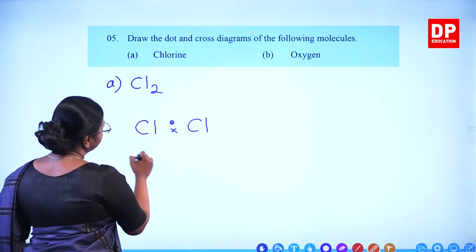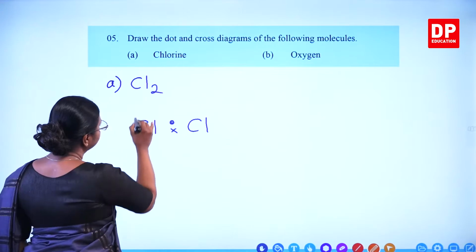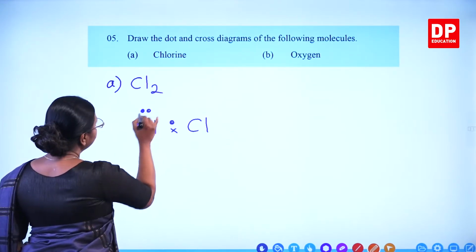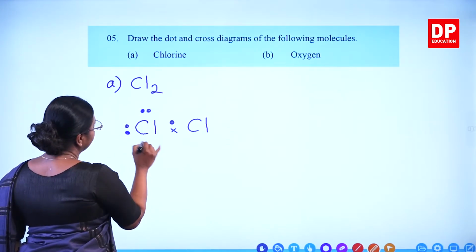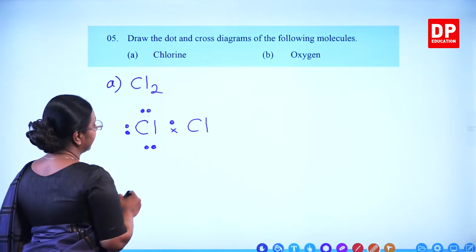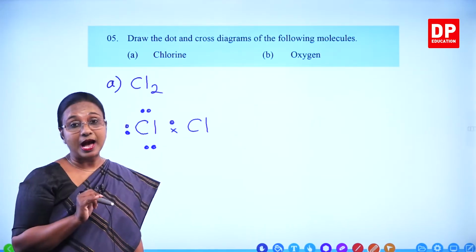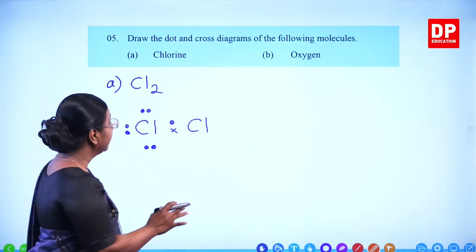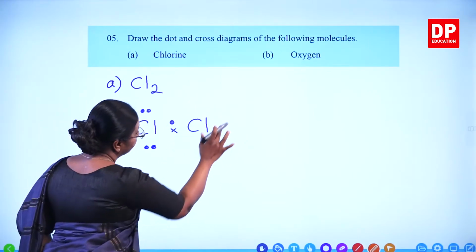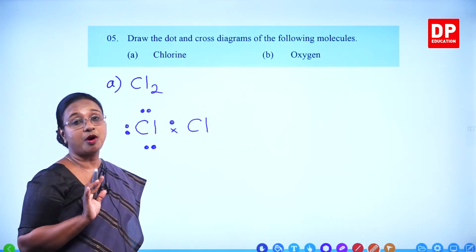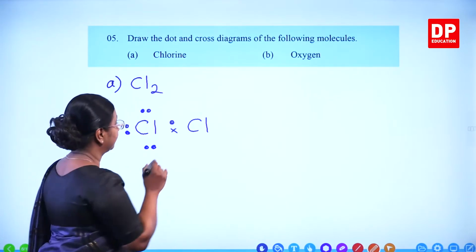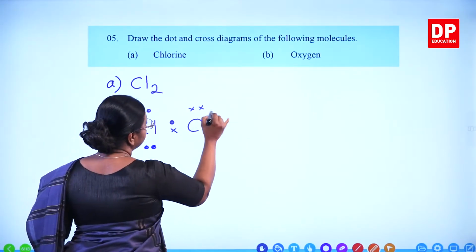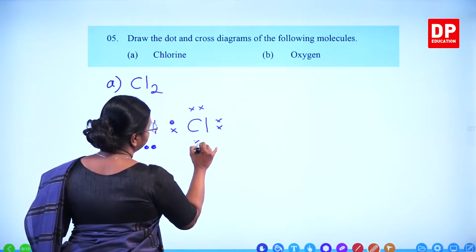Then I will take the dots for this chlorine atom. There are 3 electrons that exist as non-bonding lone pair electrons. You can remember that. Then the second chlorine also has 3 pairs of non-bonding lone pair electrons. So here 3 pairs of crosses.